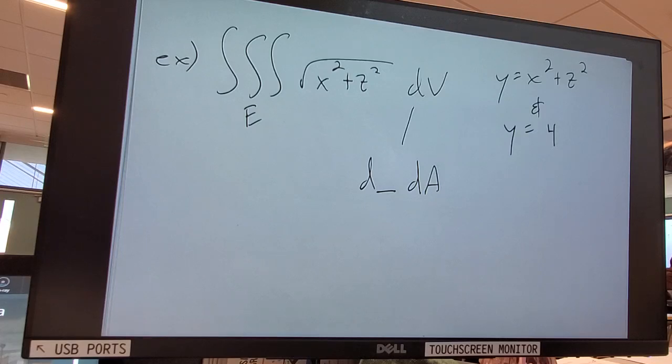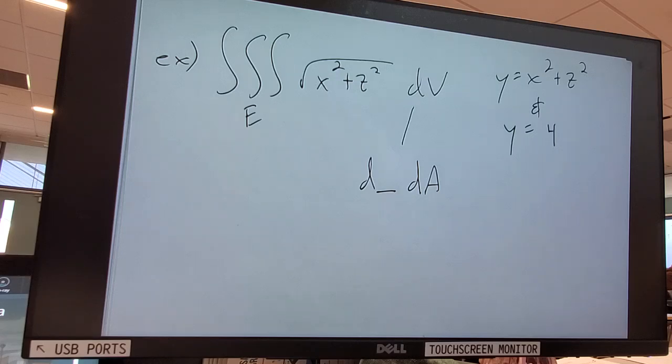Can anyone see what plane my region D should live in? A plane is more than a single letter, yes? I got somebody saying XZ plane. Do you see what y goes between? x squared plus z squared and 4. So in this case, y is acting like z would normally.